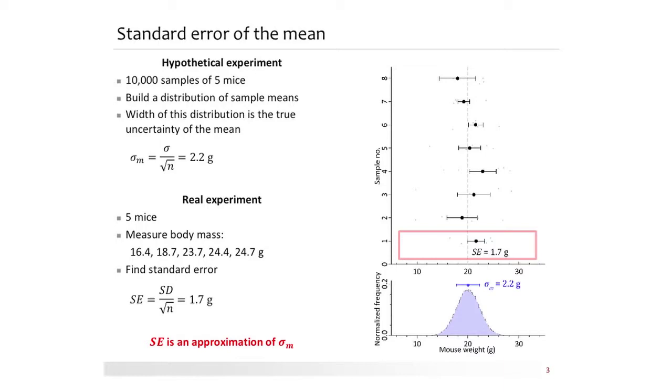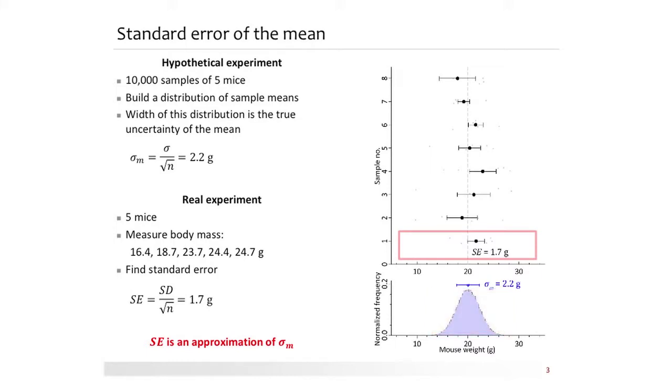And then you can build a distribution of sample means. And it is plotted here. So if you do repeated experiments, you find the mean in every experiment is slightly different. And if these means wobble around and change a lot from experiment to experiment, that means that you can't measure your mean very exactly. It's rather uncertain, and this distribution of means will be rather wide.